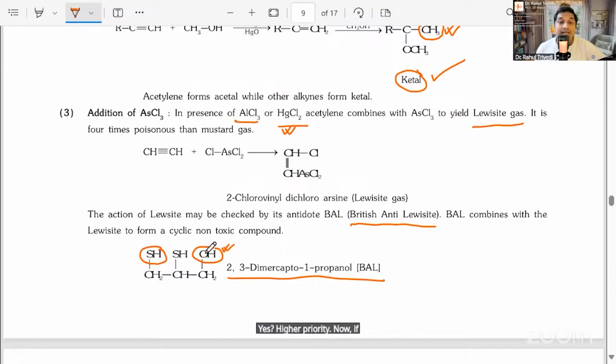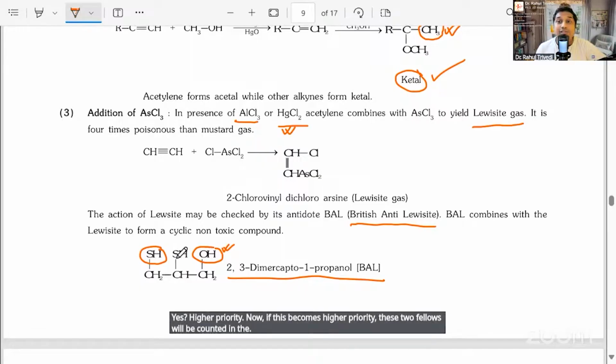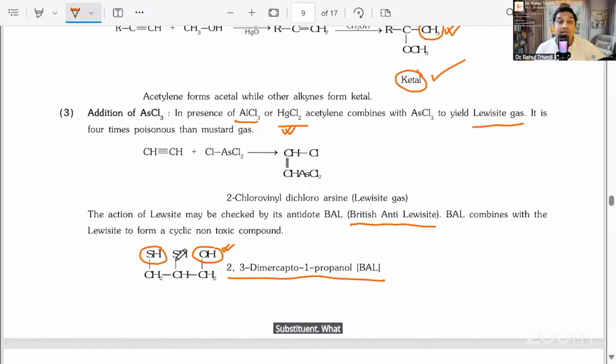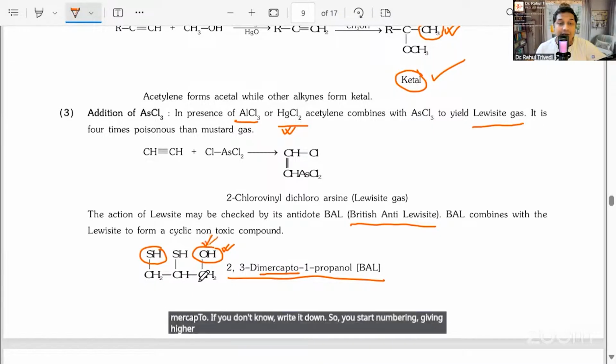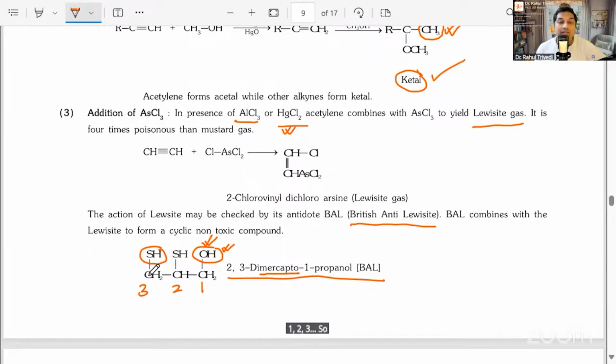Now, if this becomes higher priority, these two fellows will be counted in the substituent. What is the substituent name for thioalcohol? Mercapto. Mercapto. If you don't know, write it down. So you start numbering, giving higher priority to alcohol. 1, 2, 3. So at 2 and 3 we have mercaptos connected. So 2,3-dimercaptopropan-1-ol.